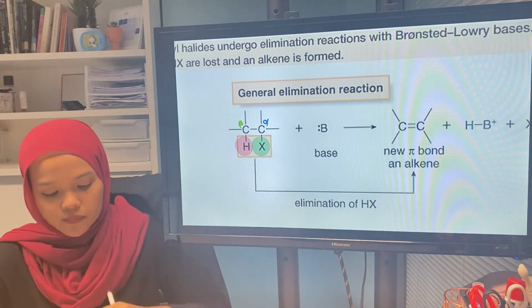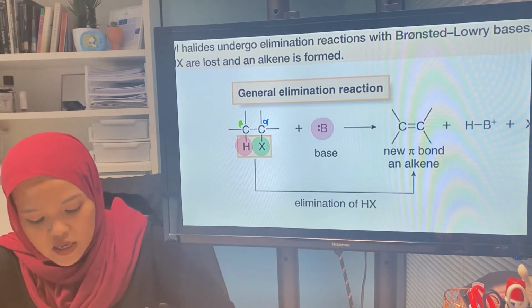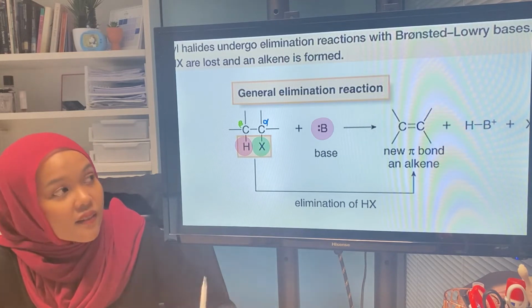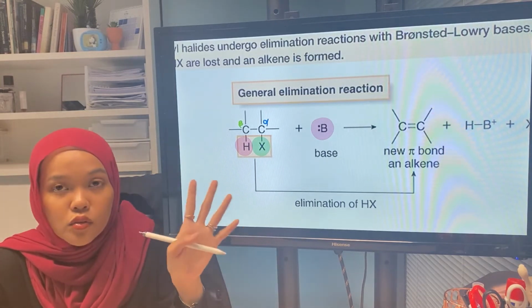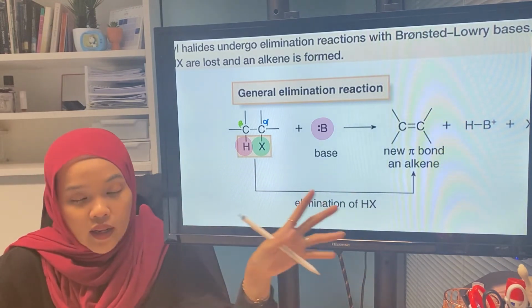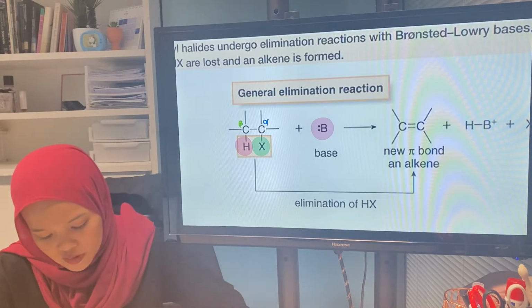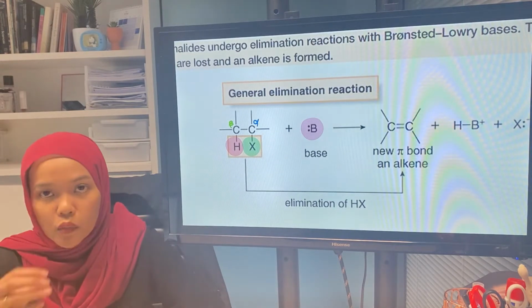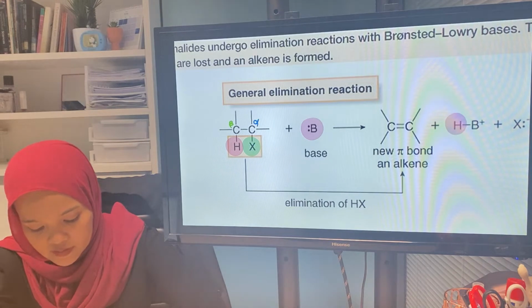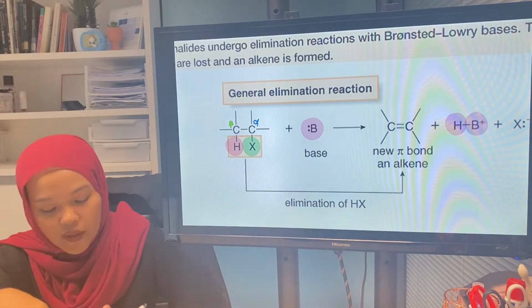It is going to react with a base. In this case, your alkyl halide is going to be the acid, so it is an acid-base reaction. Your beta hydrogen will be taken by the base, so they are going to combine like that.